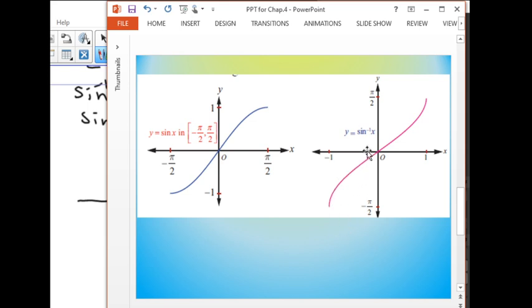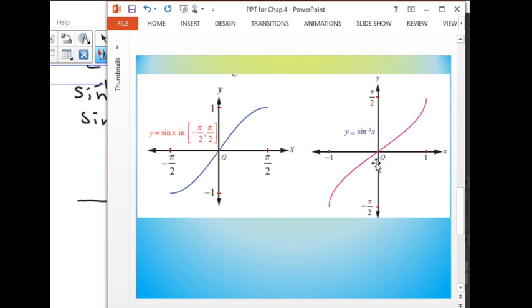So see how it is turned. Okay, so you should know that y equal to sine inverse of x is the mirror image of the graph of y equal to sin x. And also we should know that when you draw the line y is equal to x, then the sine function and the inverse sine function are symmetric with respect to the line.